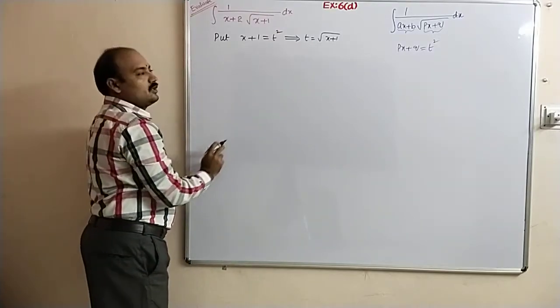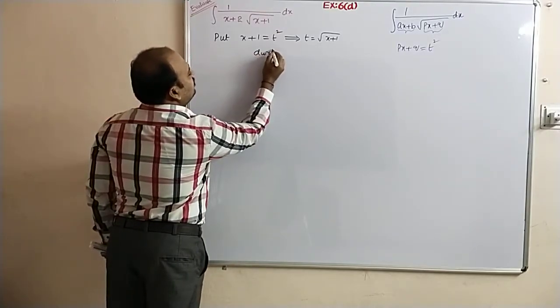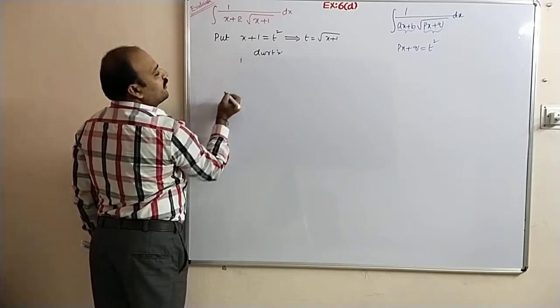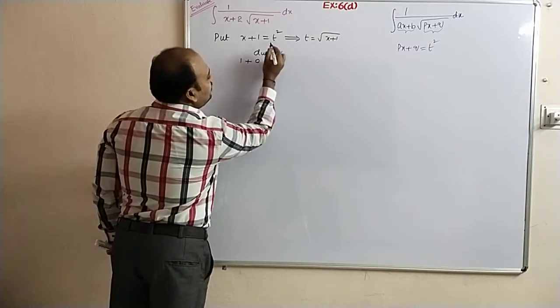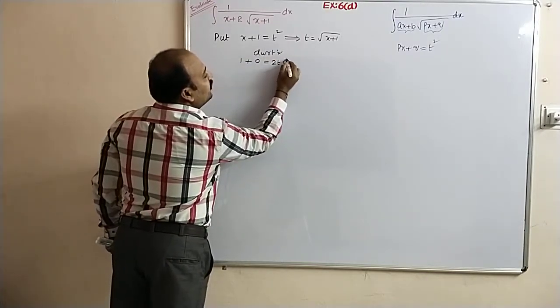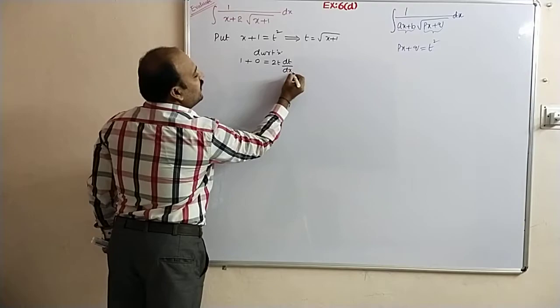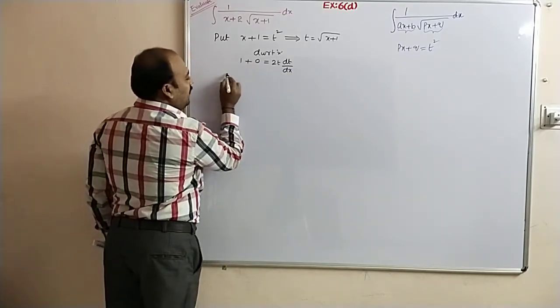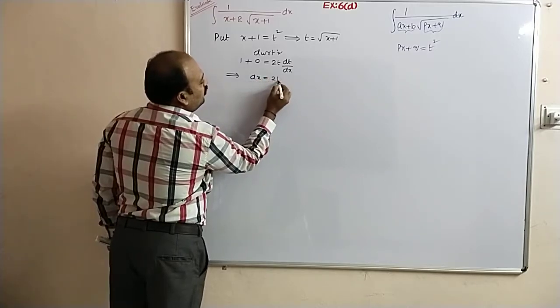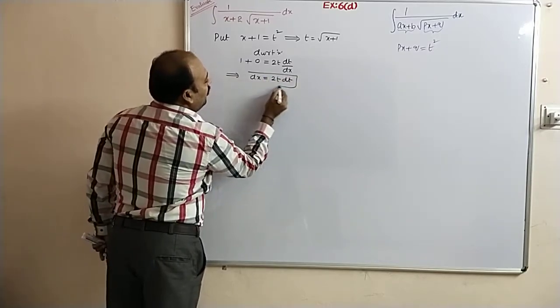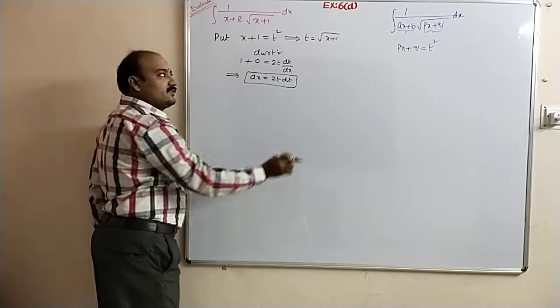After that, differentiate with respect to x. d by dx of x is 1 plus d by dx of the constant is 0, and d by dx of t square is 2t into dt by dx. Now cross multiplying, 1 plus 0 is 1, 1 into dx is dx, which is equal to 2t dt.